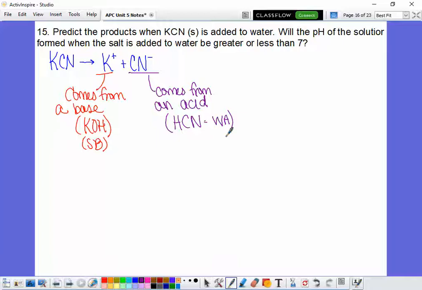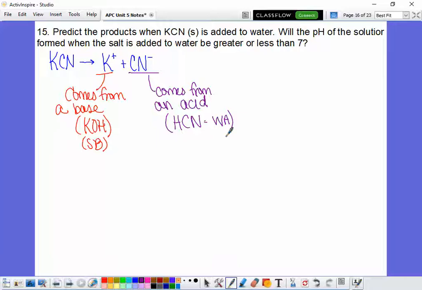It's not a chart, it's just the four. That page tells you the different combinations of acids and bases and what types of salts they make.